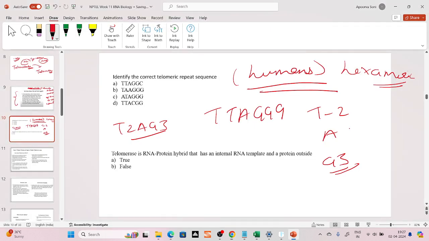Now the next question is, telomerase is an RNA protein hybrid that has an internal RNA template and a protein outside. Is it true or false? We have discussed this just now. Think.